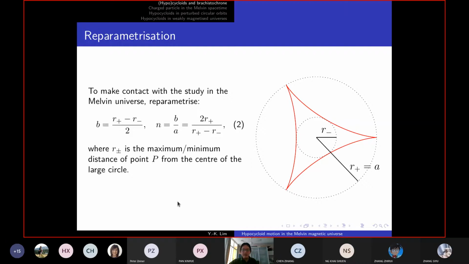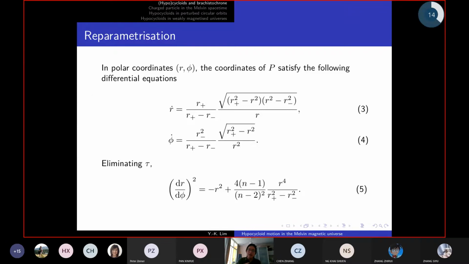The next thing I need is the following. Just now the equations for the hypocycloid are given in terms of Cartesian coordinates, the x and y equations. It will be more convenient later to convert into polar coordinates. And what I really need is the differential equation that is satisfied by the curve, not the equation itself.